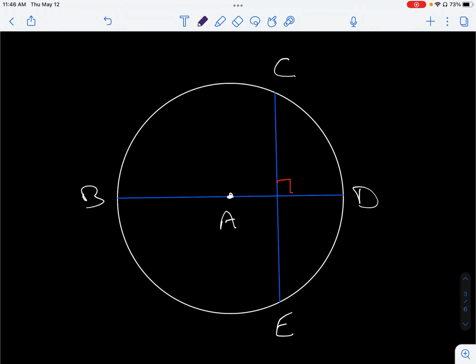All right, so here we have segment BD is a diameter because it goes through the center point of circle A here. So if arc CD is 9x degrees and arc DE is 80 minus x.